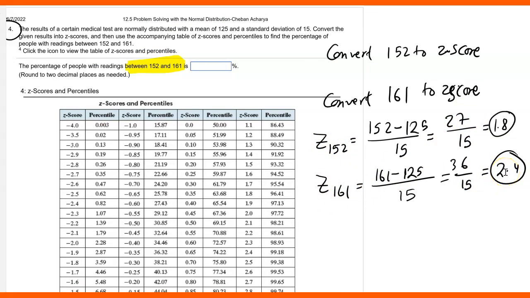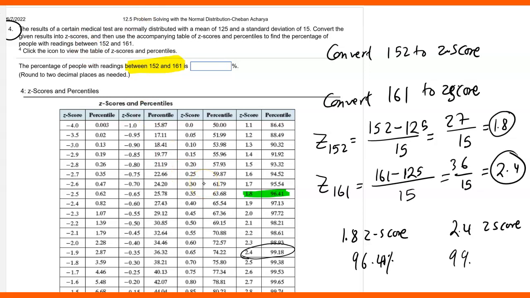Let's find the percentage for each z-score, 1.8 and 2.4. What's the percentile for 1.8? It is 96.41%. For 2.4, the percentile is going to be 99.18%.